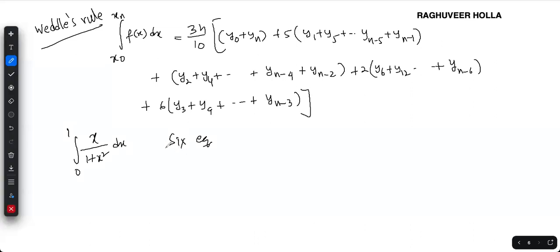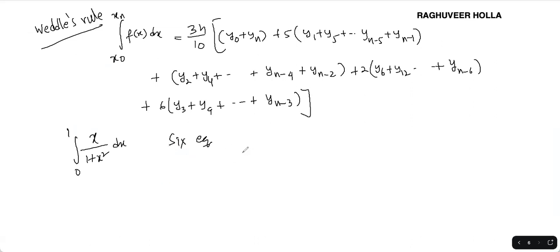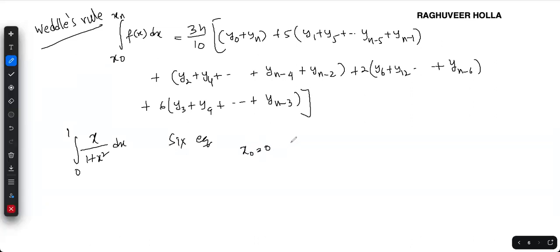So here again x naught is 0, xn is 1, and h is b minus a divided by n. This will be 1/6, because 6 equal parts.